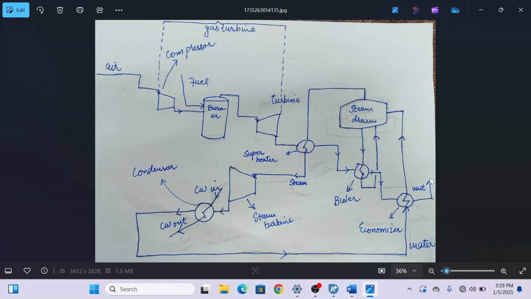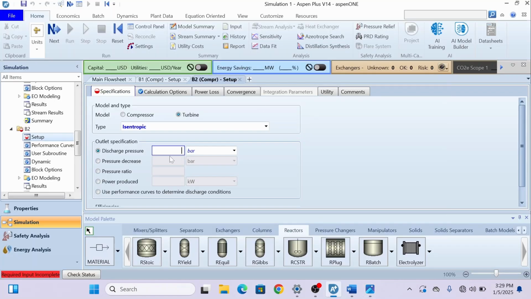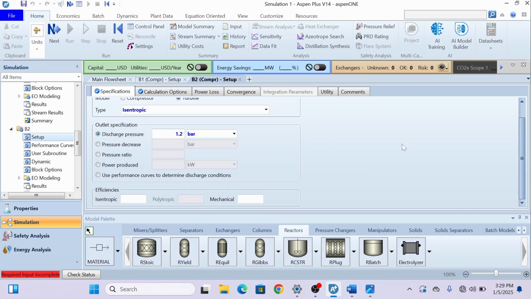Now it is less than the atmospheric pressure, so these gases will not vent into the environment, and you will have a back pressure in your system. So here I am considering the ideal case, saying that no pressure drop happens over here and here, and I am specifying my exhaust discharge pressure as 1.2 bar.